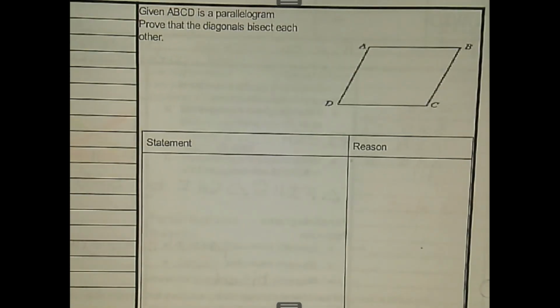Okay, we're given a parallelogram ABCD again. Prove that the diagonals bisect each other. Okay, this time instead of one diagonal, I need two.